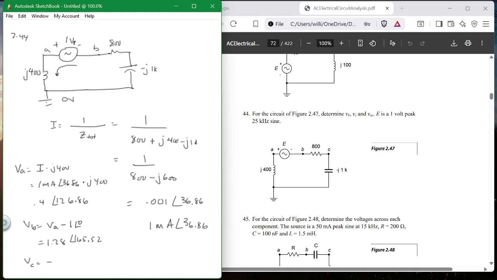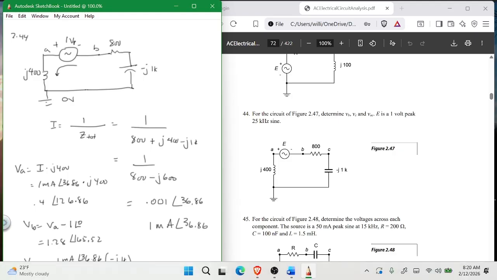So it's going to be a minus 1 milliamp at angle 36.86 times minus J1K, all right? So what is that?